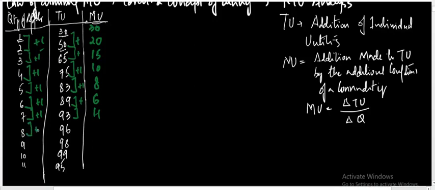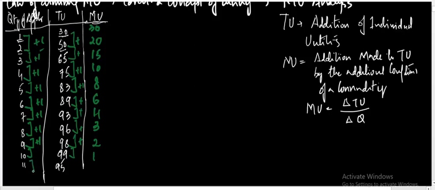Moving from 7 to 8, the additional satisfaction is equal to 3. Moving from 8 to 9, it is equal to 2. Now moving from 9 to 10, I'm deriving one additional unit of satisfaction.